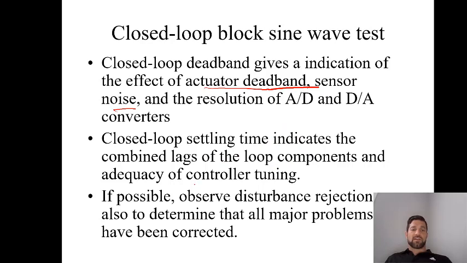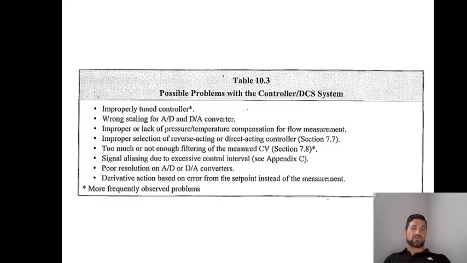You can also determine if your controller tuning is done properly. And then if possible, we can observe disturbance rejection to determine if the major problems have been corrected. So these are what you want to do when the system is working well. Perform this type of test after your system has been corrected and make sure everything is working as it should.